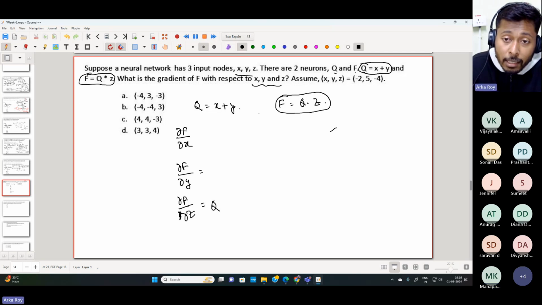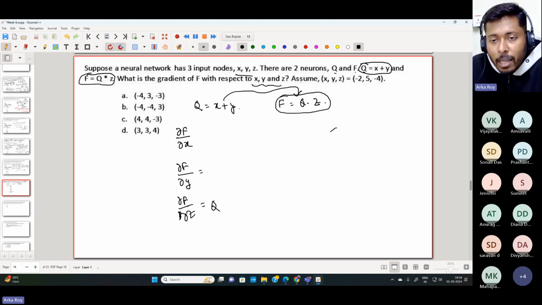Yeah, substitute, but the thing is that you need to think in terms of the chain rule. Because in terms of functionality, what you are doing is replacing Q by this expression, but think of it in terms of a neural network. In a neural network, you have been given the outputs and told to take the derivative at the input neuron.